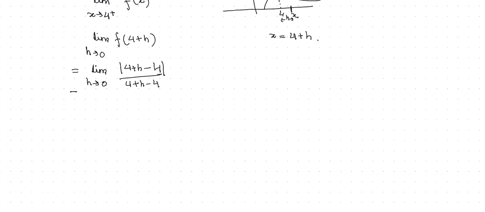So this will be limit h tends to 0, 1. So absolute value of h is h where h is 1, and limit h tends to 0.